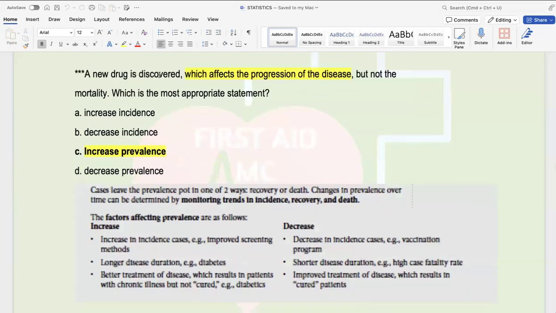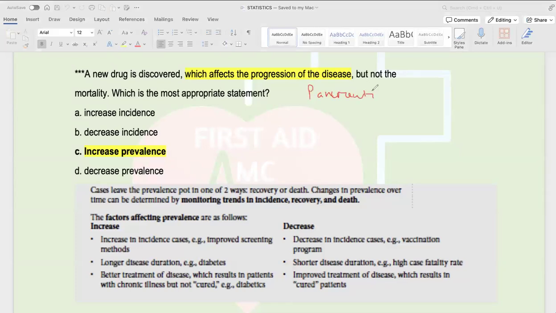A new drug is discovered which affects the progression of the disease, but not the mortality. Which is the most appropriate statement? Now, this is a bit tricky and a bit confusing also for some people. So let's say pancreatic cancer patient. We know it is bad.